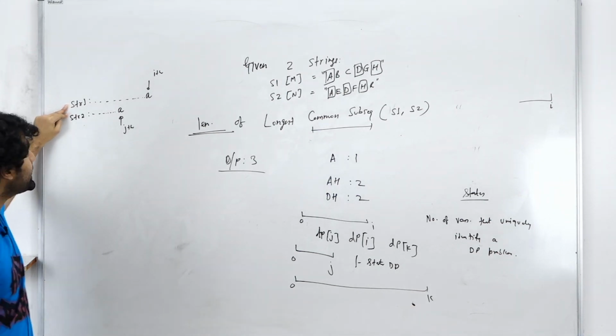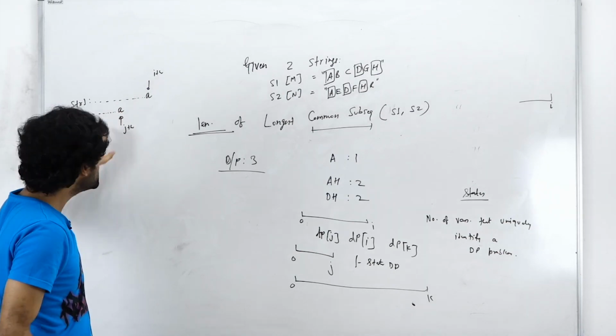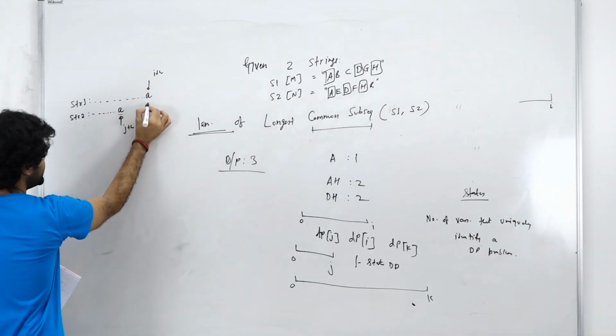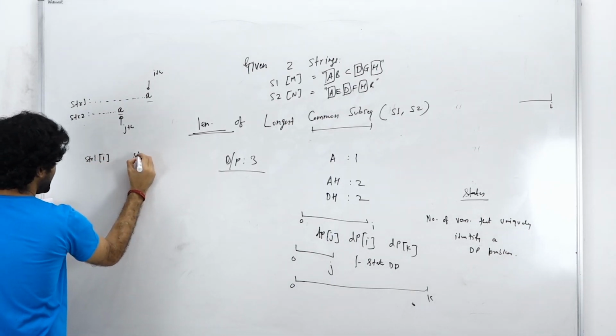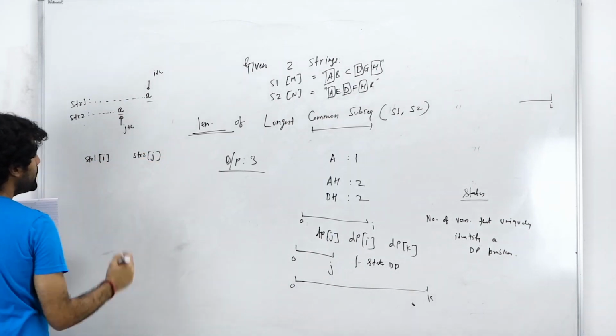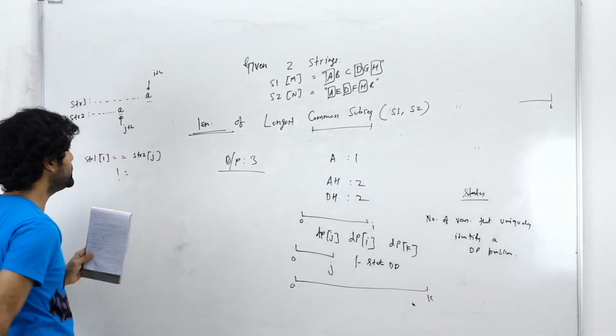So how can I go about it? Let's say we start from the last characters of both. How many things can happen over here? If I consider str1 of I and str2 of J, either they can be equal or they can be unequal.